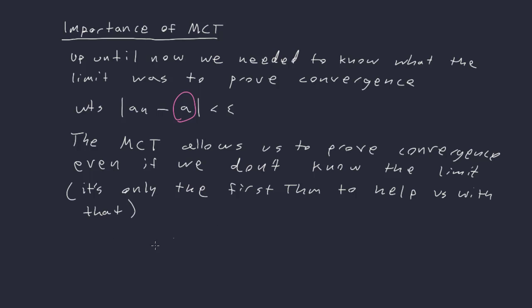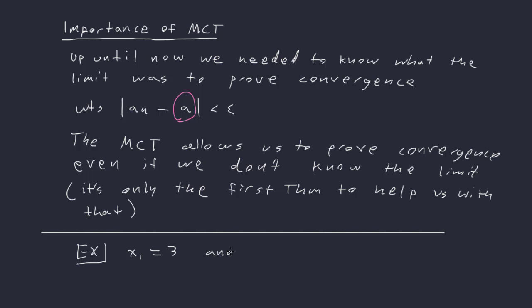Okay, so let me show you an example of how this works. Okay, so consider this sequence. It's defined recursively, so x sub 1 is 3, and x sub n plus 1 is equal to 1 over 4 minus x sub n.